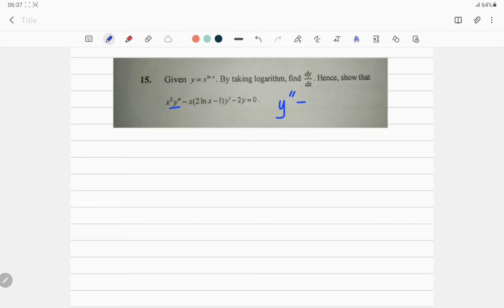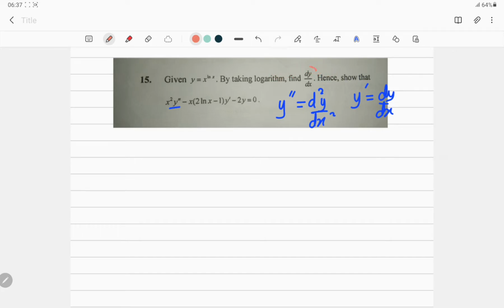y double prime represents d squared y over dx squared, and y prime is equal to dy over dx. Okay, so in this question, actually we have two questions.